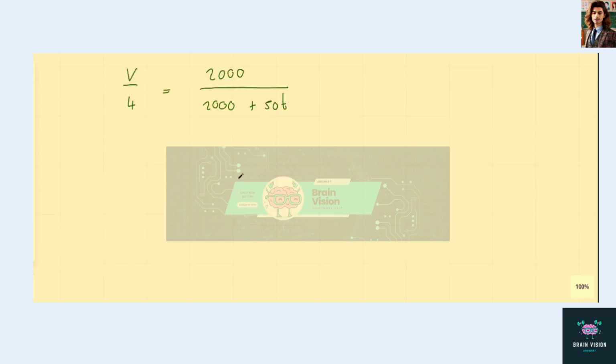So we can find the speed of the rail car as a function of time to be 8,000 divided by 2,000 plus 50t, and that's meters per second.